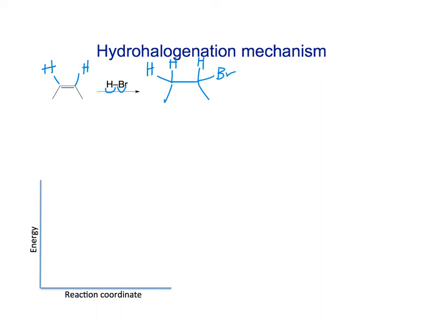This reaction takes place in two steps. The first step is a simple acid-base step. The pi bond acting as the base, reacting with the H of the acid. So this is just acid-base like we've seen before.